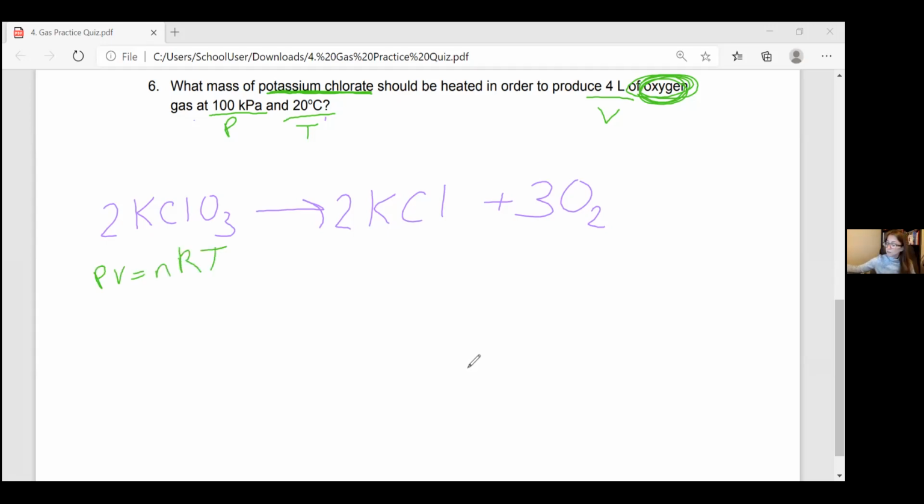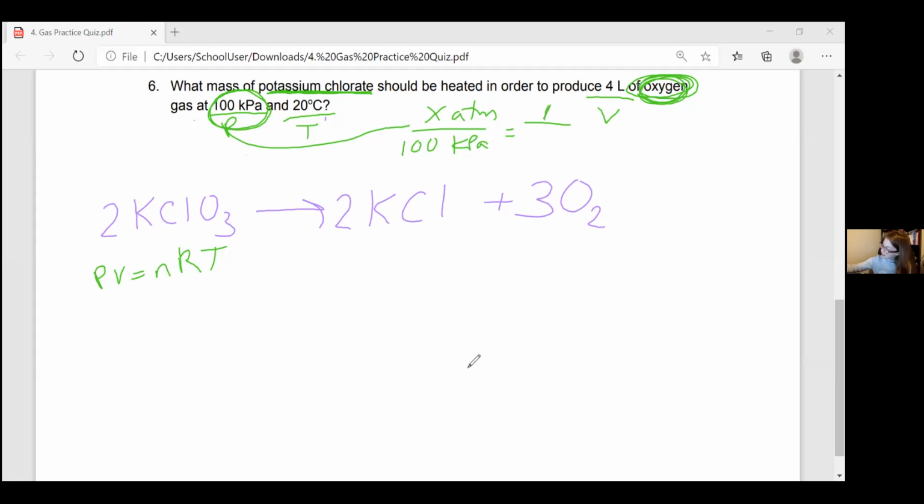For PV equals nRT, my pressure has to be in ATM. So let's convert that first. We want it in ATM. We currently have it in kPa. And then using our conversion factors, the numbers at the top of the document.